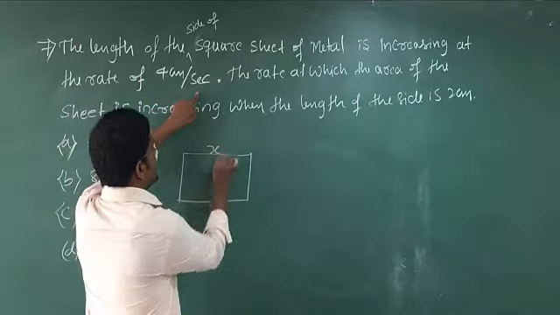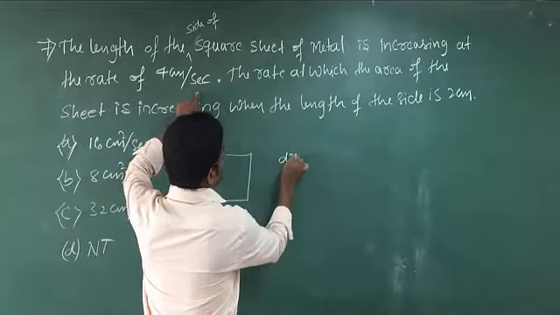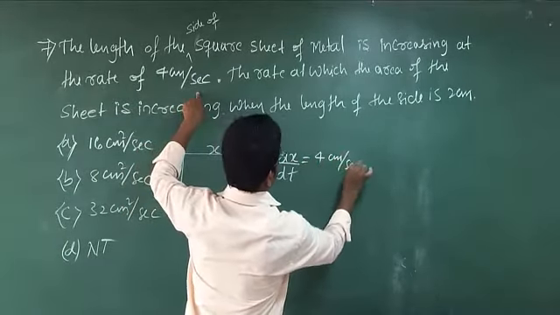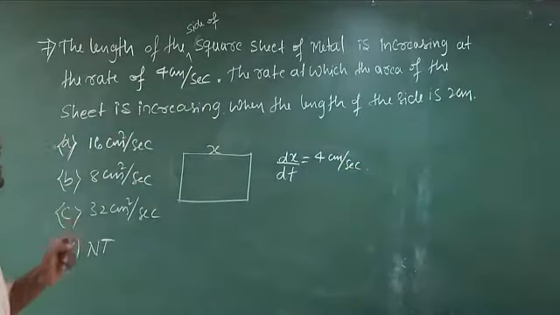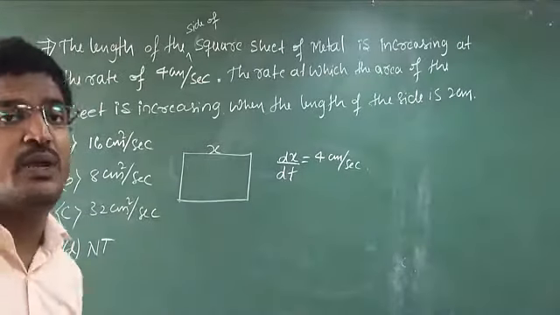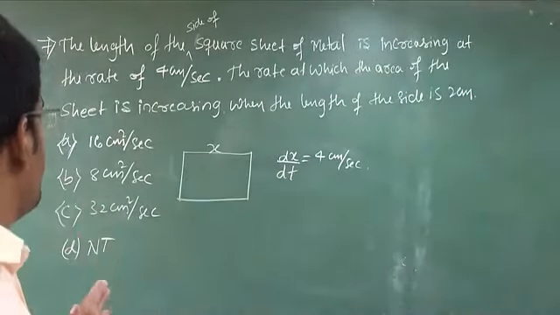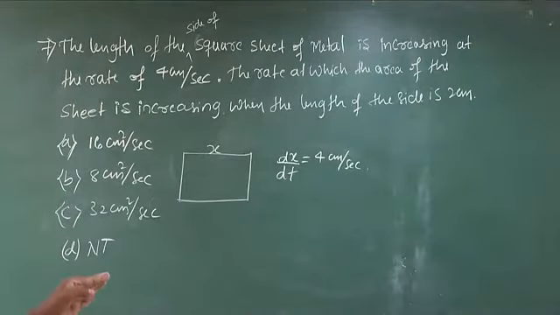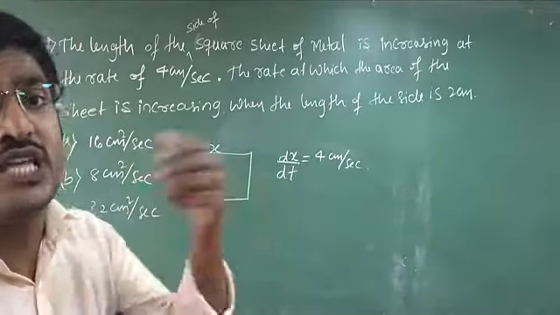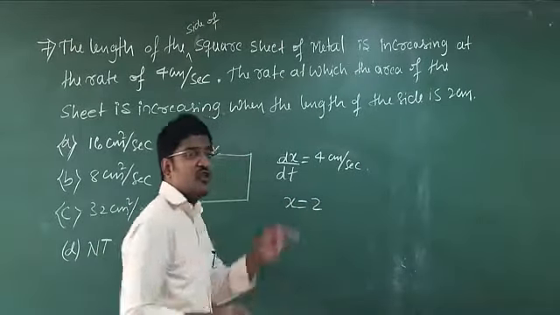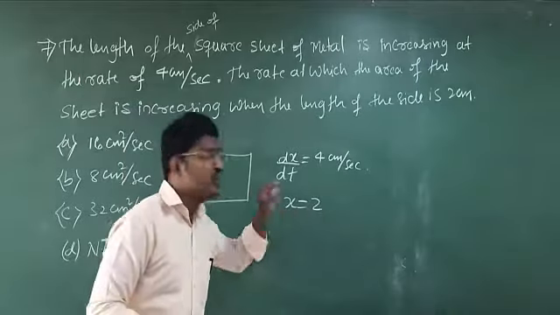If this is length x, the rate of change of x will be 4 centimeter per second. The rate at which the area of the sheet is increasing when the length of the side is 2 centimeter. That means they need the rate of change of area when the side is 2 centimeter. That means they are asking the rate of change of area when this x is equal to 2.